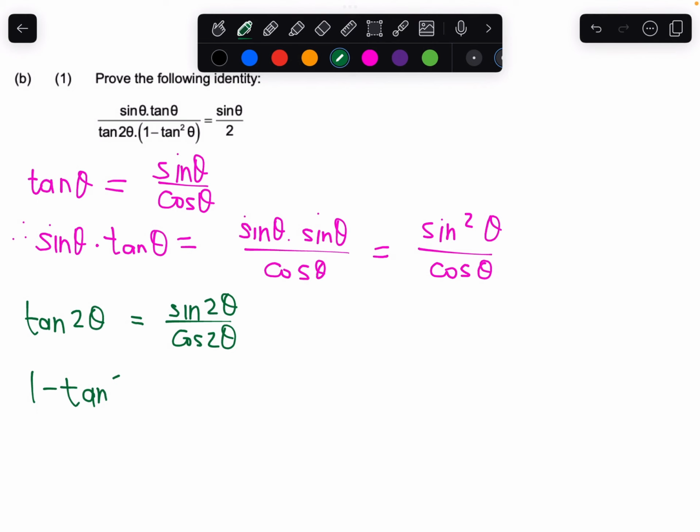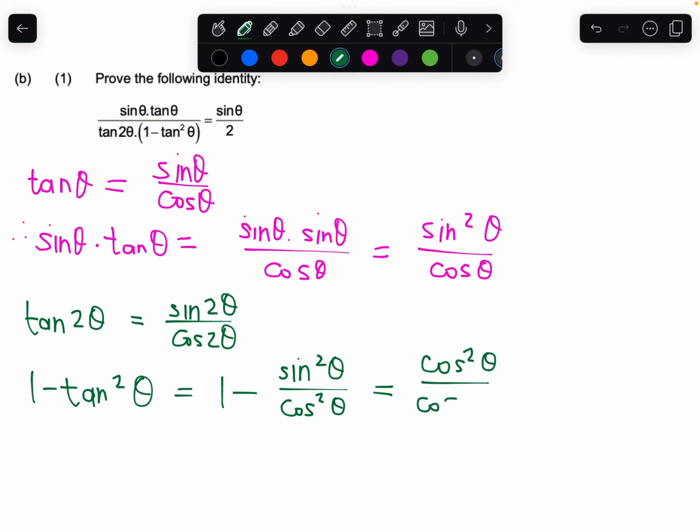So 1 minus tan squared theta, I will also write this as 1 minus sine squared theta over cos squared theta, and then I will express this as one fraction, so that will be cos squared theta over cos squared theta, right? That's the 1, minus sine squared theta.